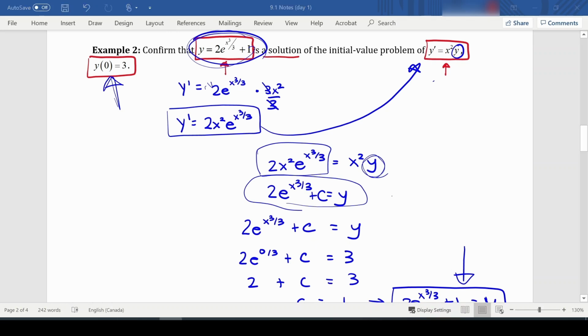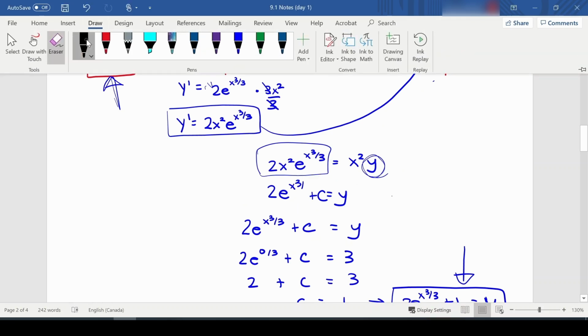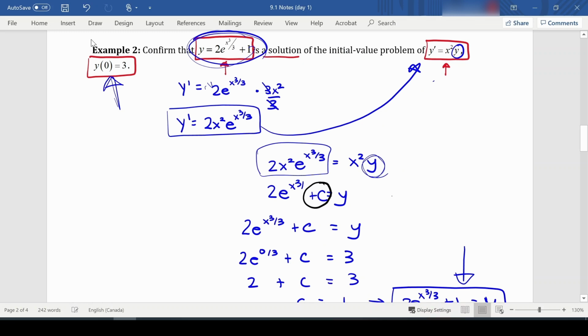However, if we do that, we do need to make sure that we include this plus c here, because if we take the derivative of y to get down to y prime, we have to remember that you could have a constant that is in play. If we just plug this y directly in here, we're not going to get that the two sides are equal. We're missing the plus 1 on the left-hand side. Okay? So we do need to make sure that we consider that this c exists.